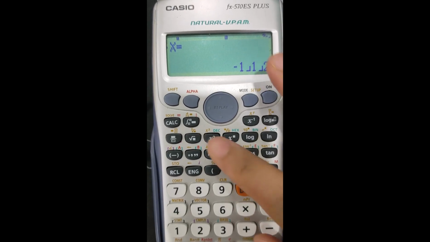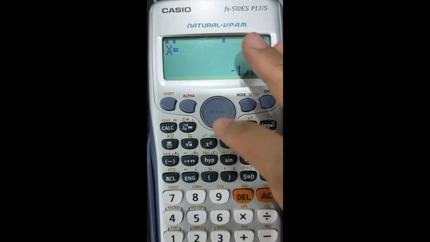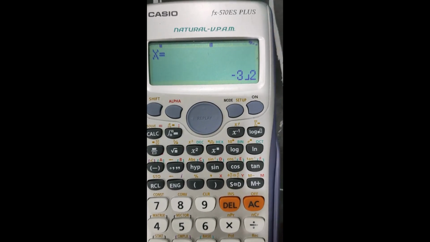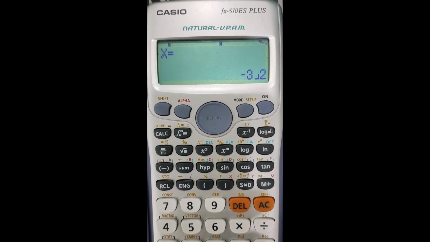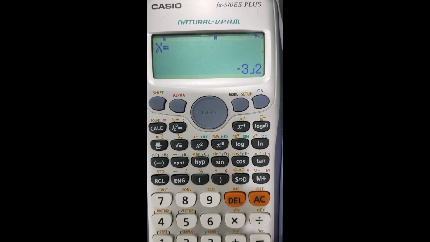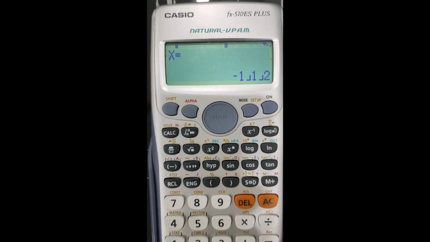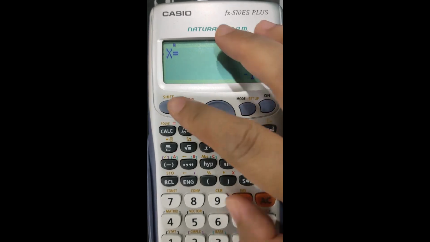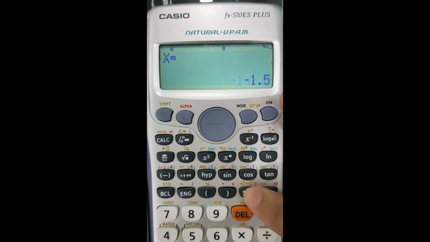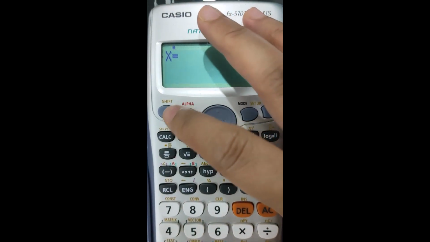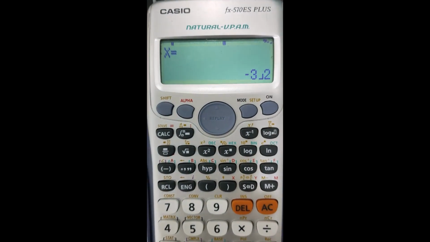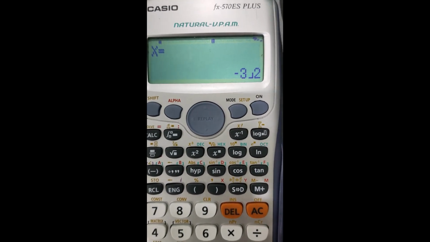This is another form of the answer, minus 3 over 2. And if you press again, you will have this one back. This is the other form of the answer, right?